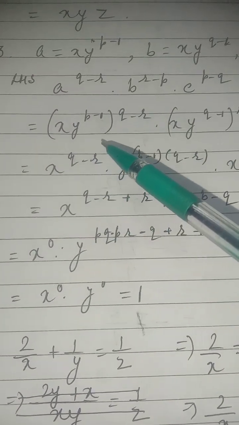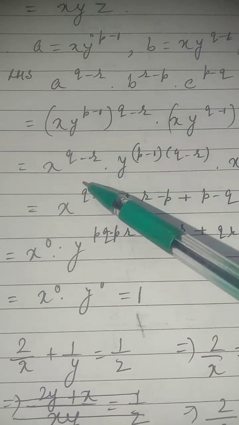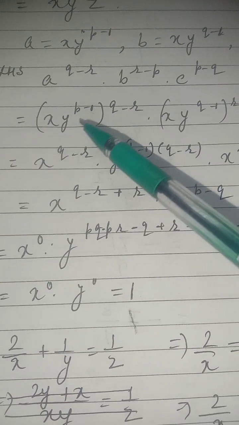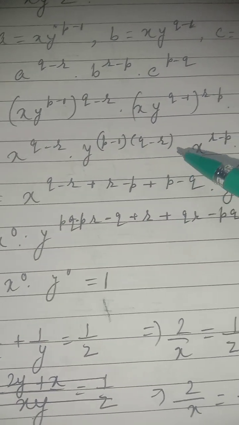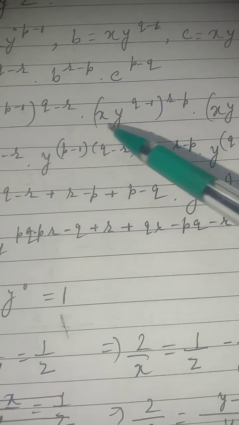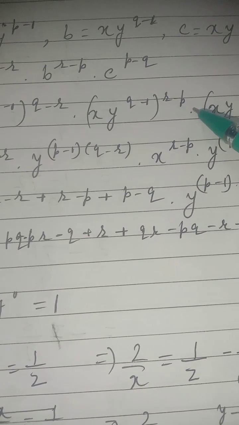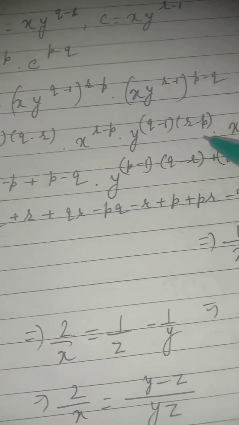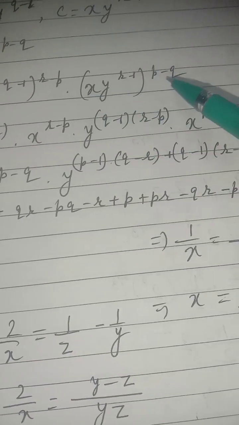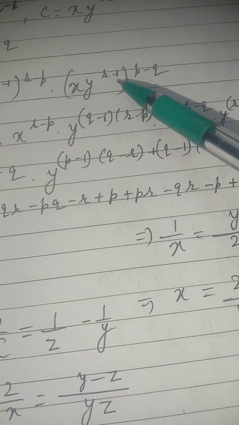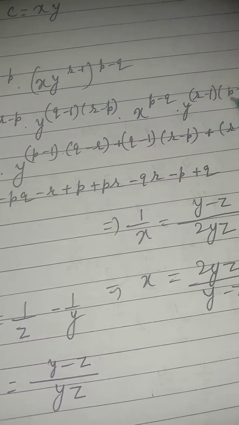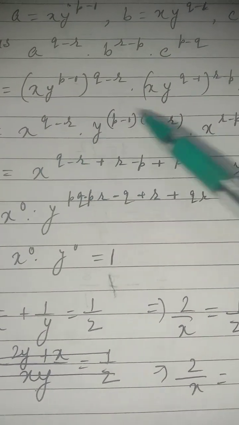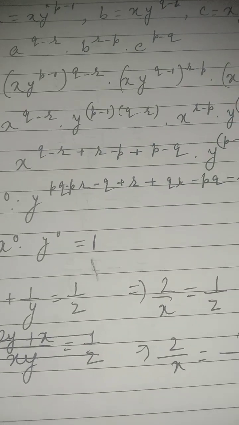Now according to the law of exponents, all will get the powers. So x^(q-r) into y^((p-1)(q-r)). Again x^(r-p), and y^((q-1)(r-p)). Similarly x^(p-q) and y^((r-1)(p-q)).